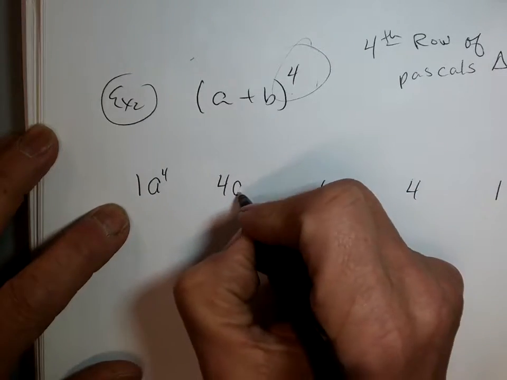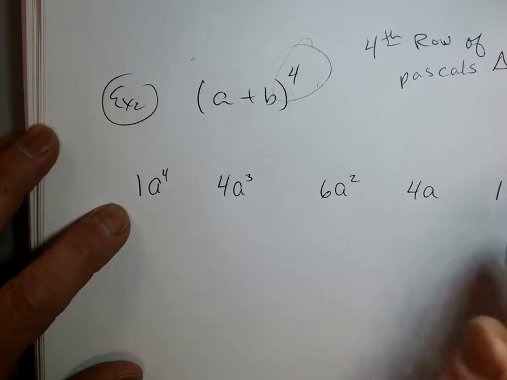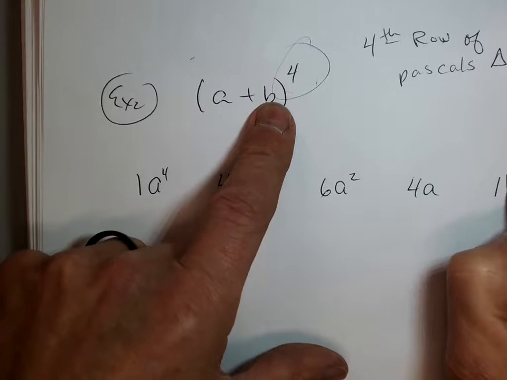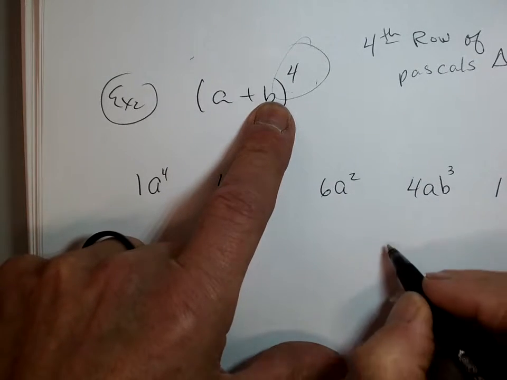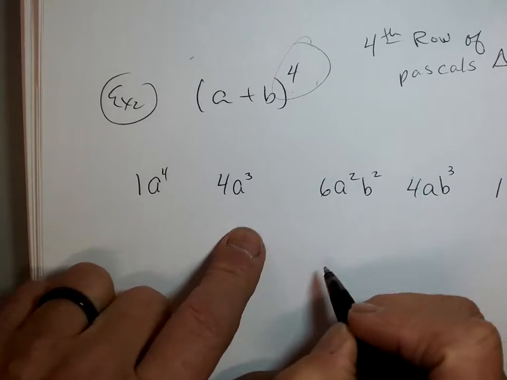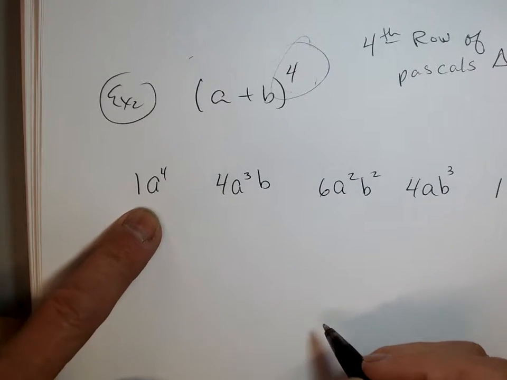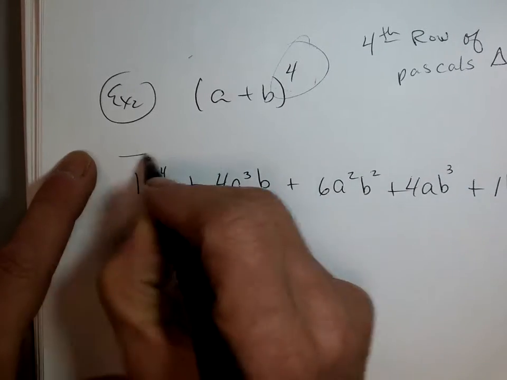I'm going to have an a cubed, an a squared, a, and then no a's. See the pattern? The same thing with the b's. I'll have a b to the 4th, a b to the 3rd, a b to the 2nd, a b to the 1, and then no b's. Plus, plus, plus, plus, and we are done.